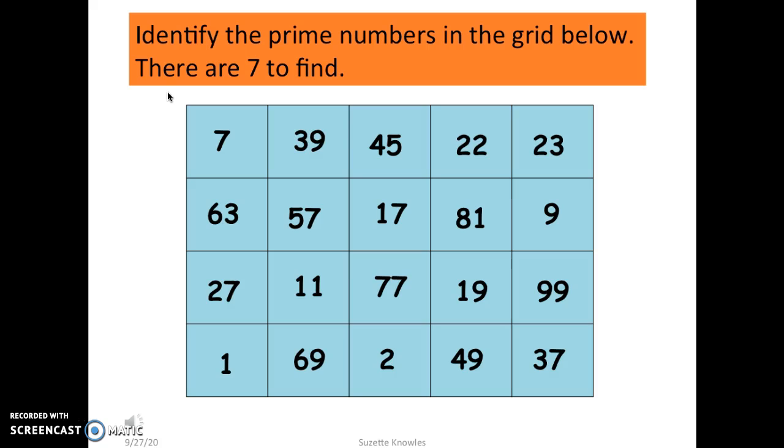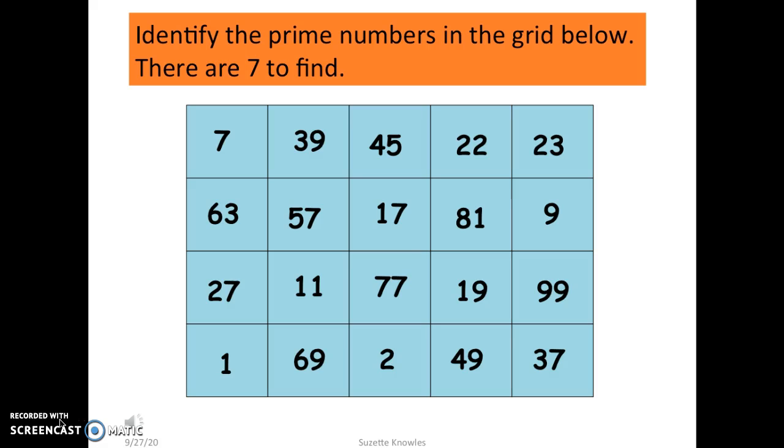What you will do in your books, you are going to draw the box in your notebooks, write all of the numbers you see here, and then you will circle the ones that you believe are prime. One of the hints here is that there are 7 of them all together.